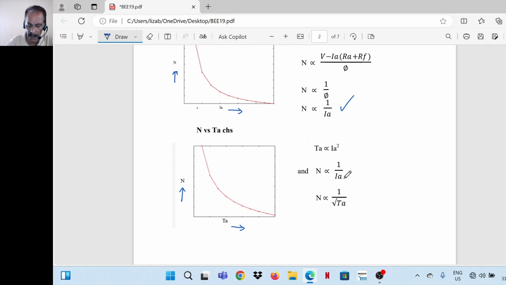So instead of Ia, we can put square root of Ta. So speed is proportional to 1 by square root of armature torque. Speed is proportional to 1 by Ia, or speed is proportional to 1 by root Ta. So this is the shape of the characteristics.